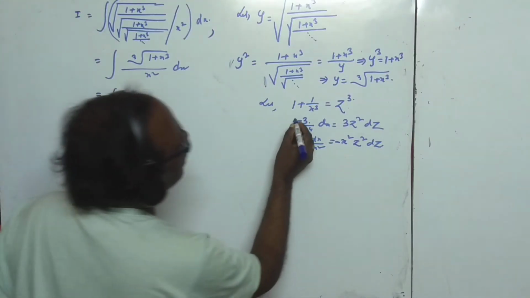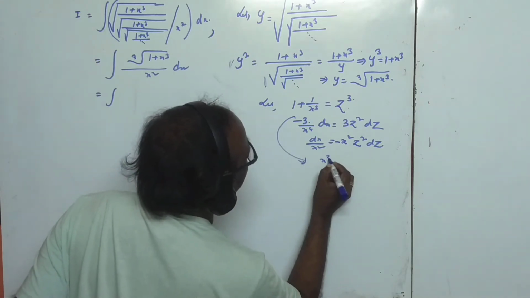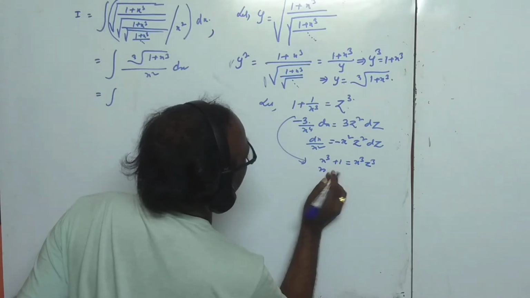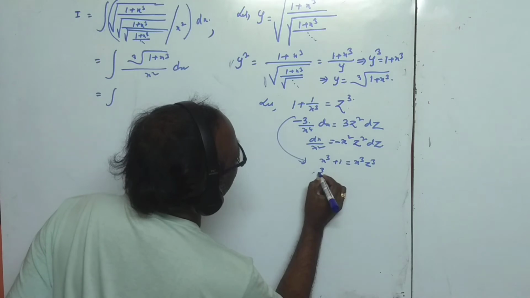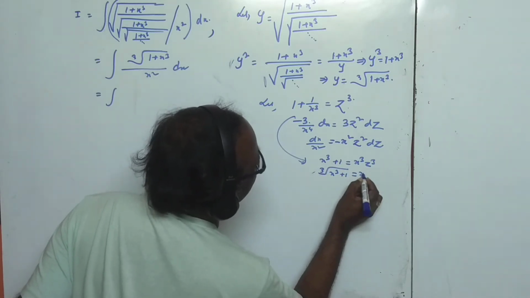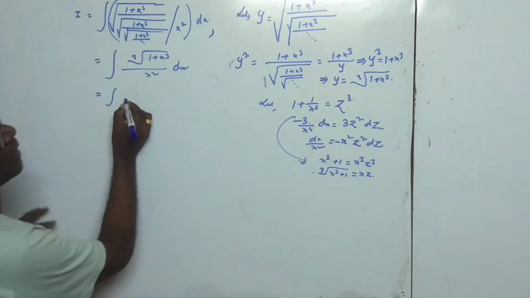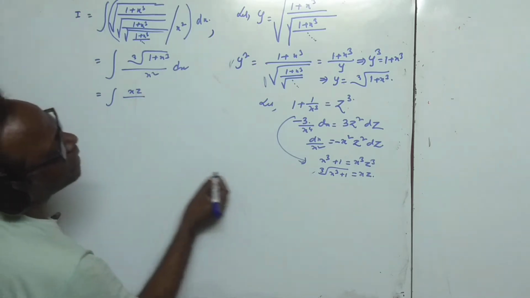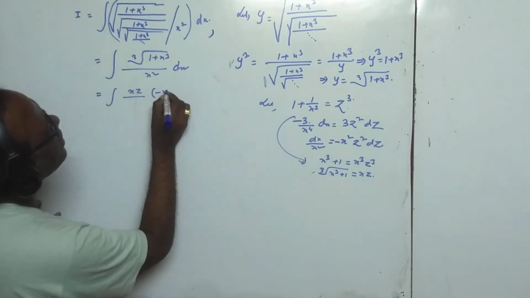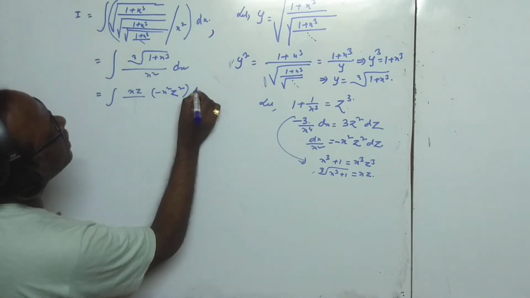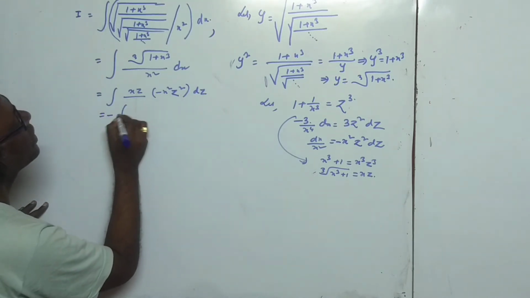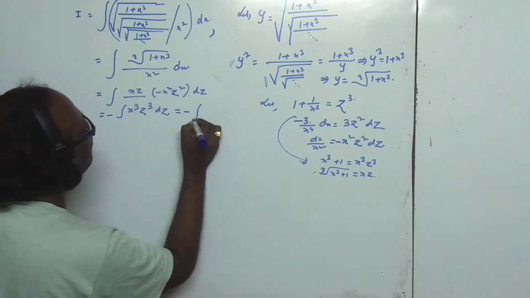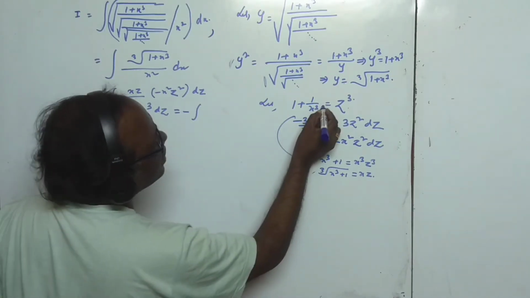Now again it is simplified by taking an LCM, and that is x cube and z cube. So this is cube root of x cube plus 1 is equal to xz, okay, and this is xz over x square, dx by x square, and that will be minus x square and z square dz here, okay, minus x cube z cube dz, okay, minus x cube. So this is x cube here.